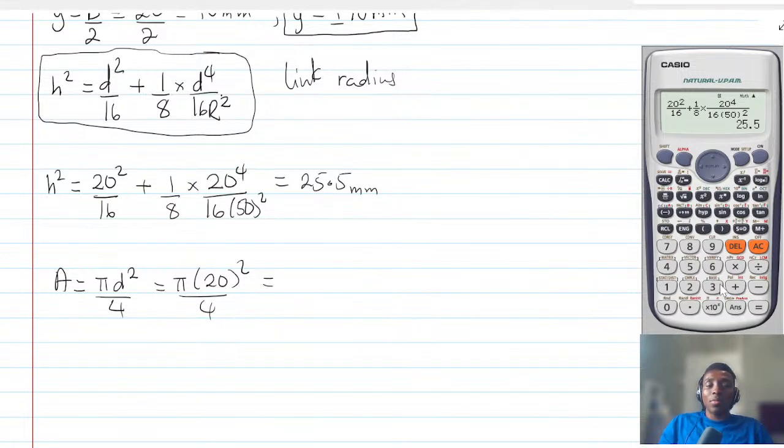You get 314.16 millimeter squared. That's the cross sectional area. So we can go ahead and find the stress.